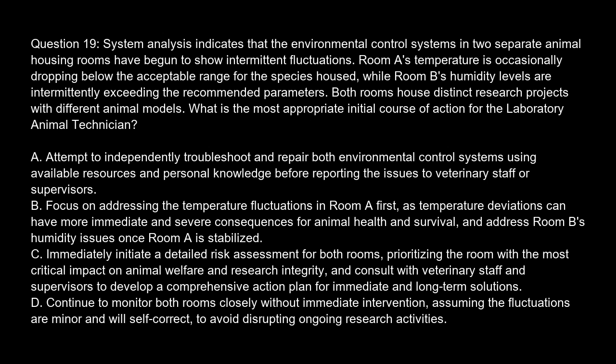Option C. Immediately initiate a detailed risk assessment for both rooms, prioritizing the room with the most critical impact on animal welfare and research integrity, and consult with veterinary staff and supervisors to develop a comprehensive action plan for immediate and long-term solutions. Option D. Continue to monitor both rooms closely without immediate intervention, assuming the fluctuations are minor and will self-correct, to avoid disrupting ongoing research activities.